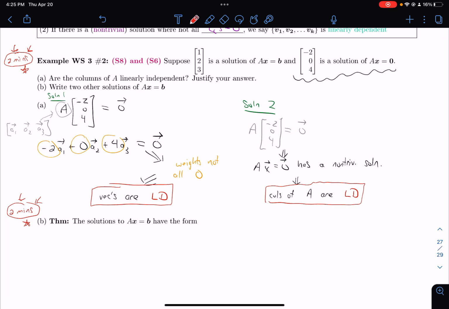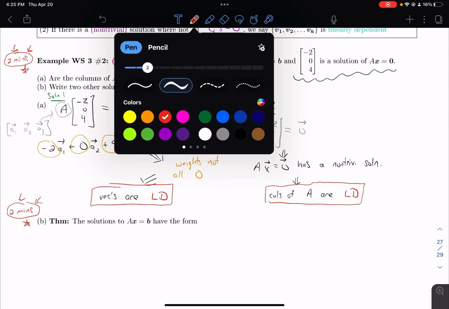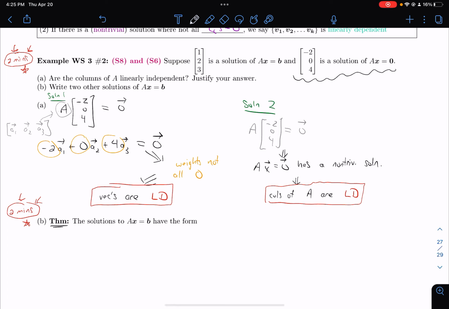Okay, so hopefully you paused it and tried it for about 2 minutes. Let's talk about this one together. This one involves a key theorem back from, I think, section 1.5, about how the solution to Ax equals b, the non-homogeneous equation, compares to the solution to the homogeneous equation, Ax equals 0.